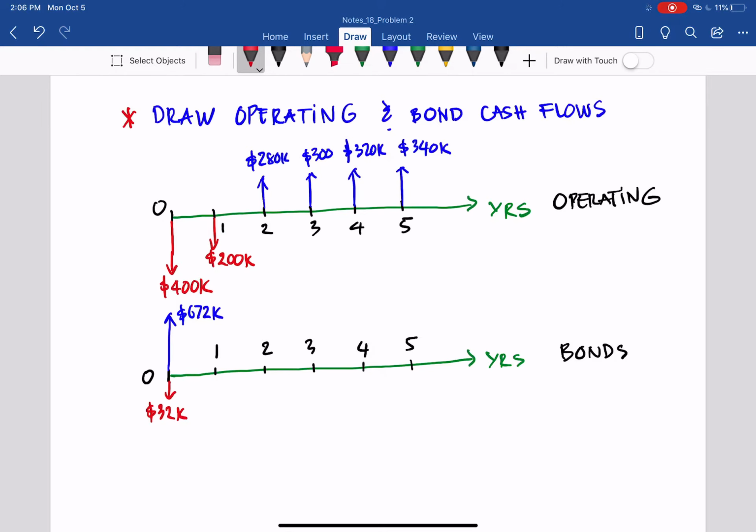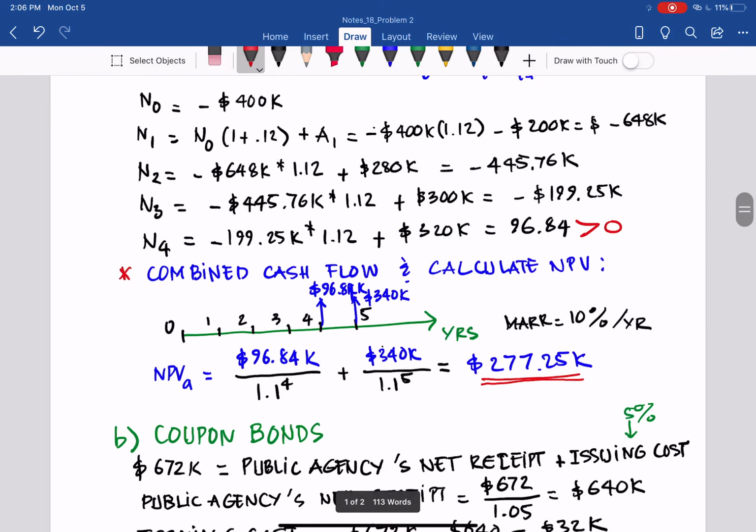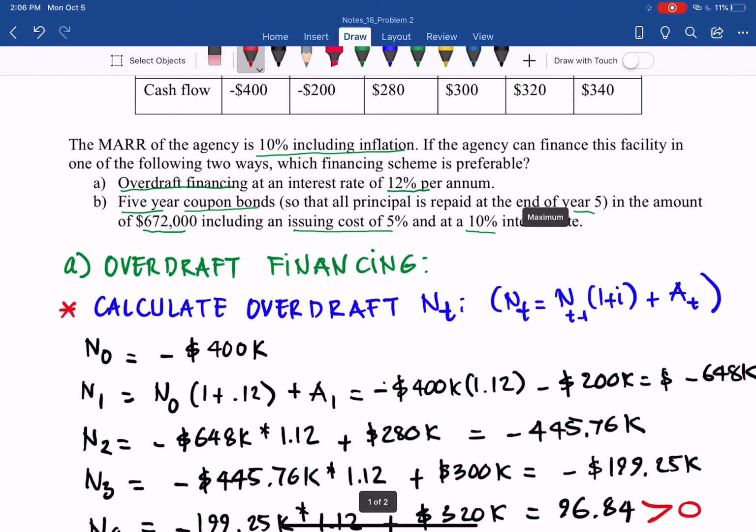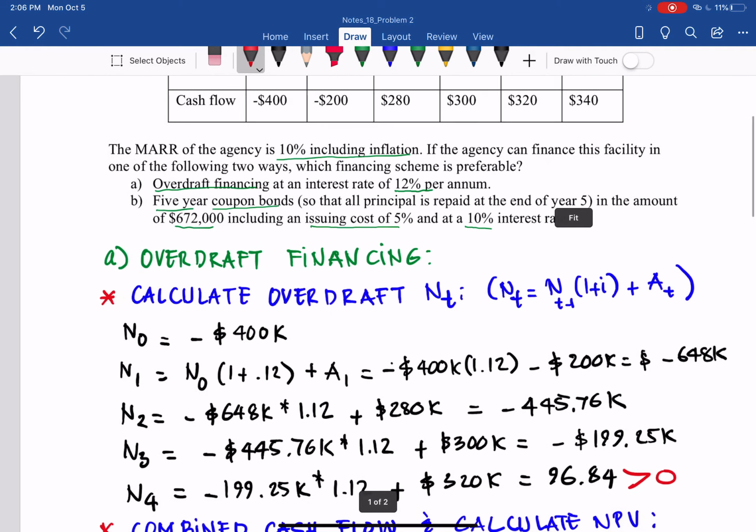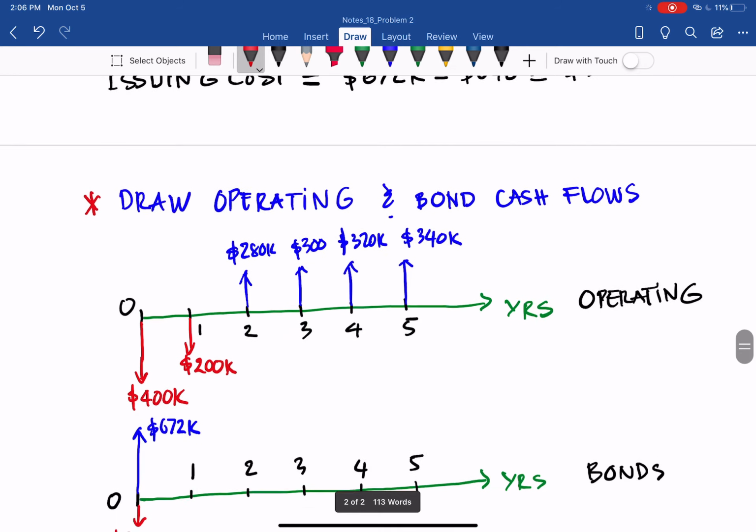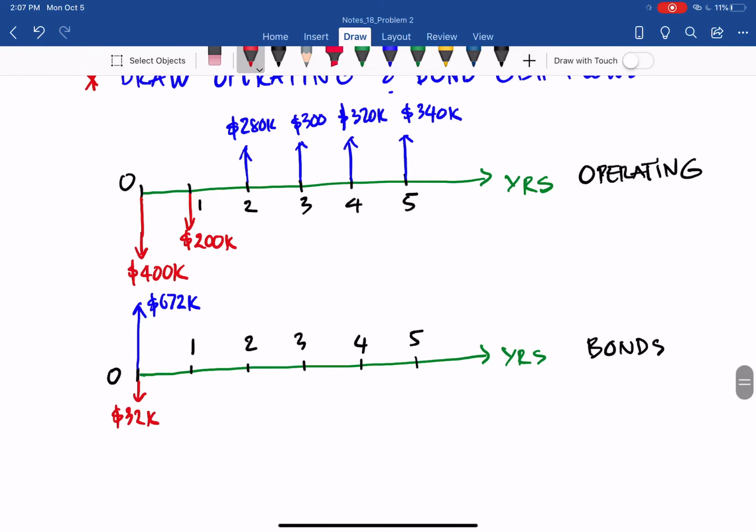And then every year you have to pay the coupon. The coupon in this case is a 10% dividend rate of that amount. Every year we have to pay out the coupon, and as you can see, that equals the amount that we owe times 10%, so 67.2 thousand per year.